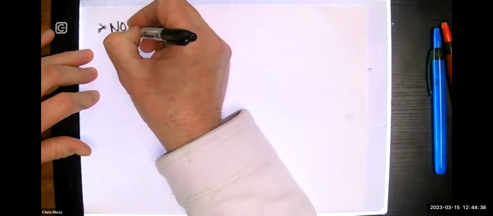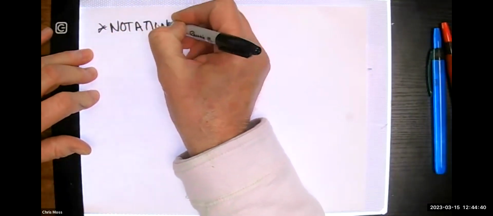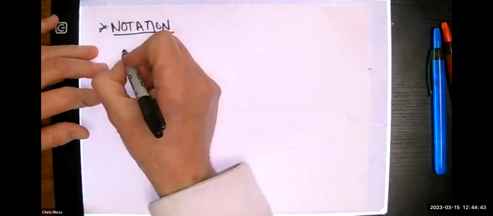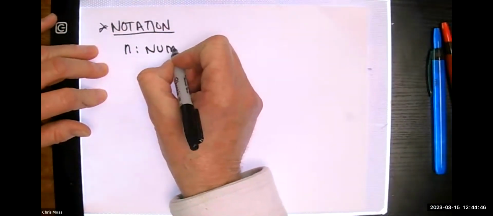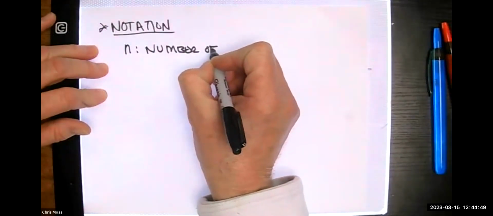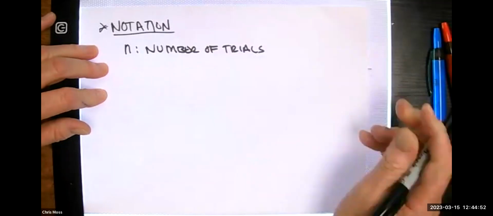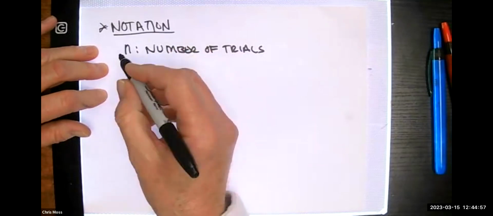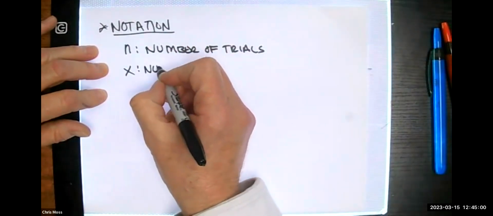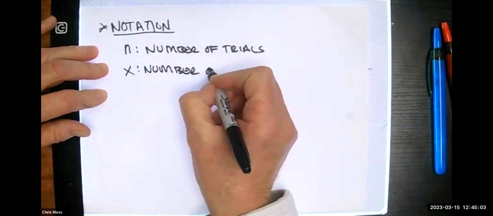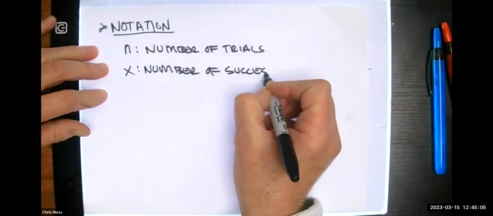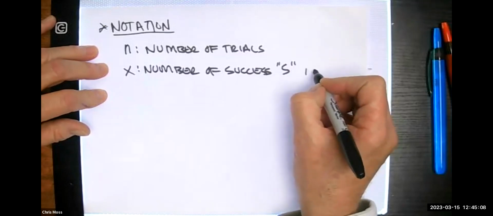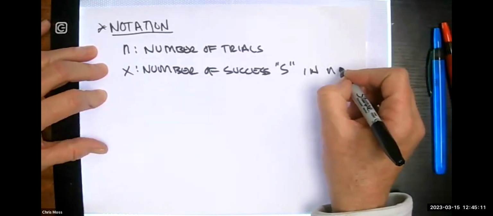Now, I am going to give you some notation. N, that is our number of trials. The variable X is the number of successes S in N trials.